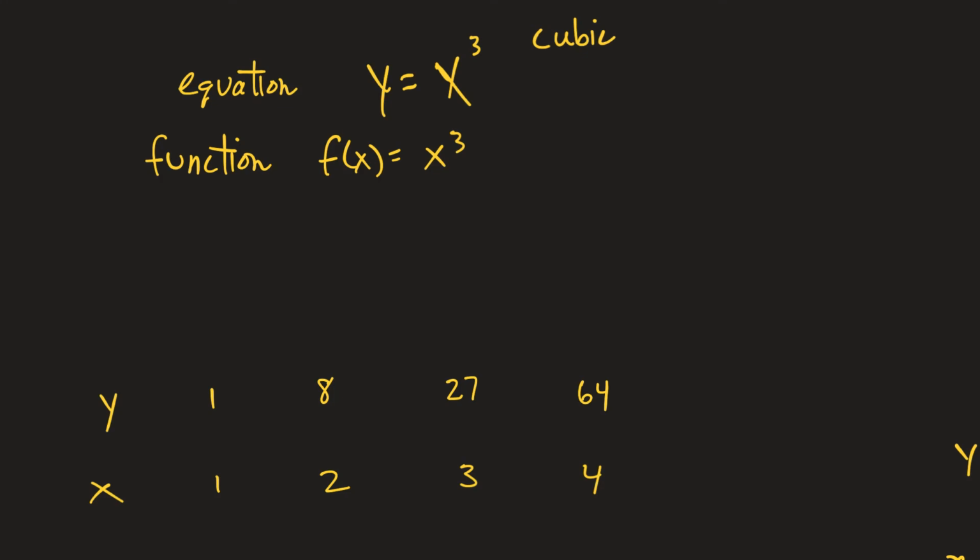So let's take a look at this. How much did that go up by? It went up by 7. Let's see, how much did this go up by? That went up by 19, did it? Yes. And then how much did this go up by? Let's see, 3 plus 4 is 7.